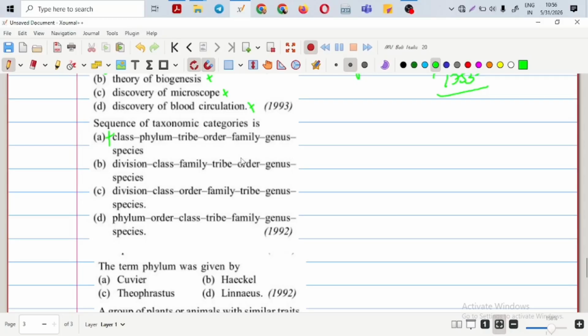Then the next one is division, class, order, family, tribe, genus, species. See, this one is correct. Division, class, order, family, tribe, genus, species. Here, order comes here.